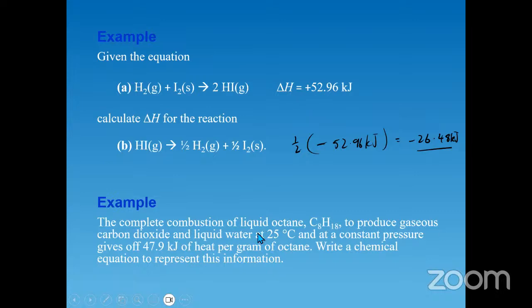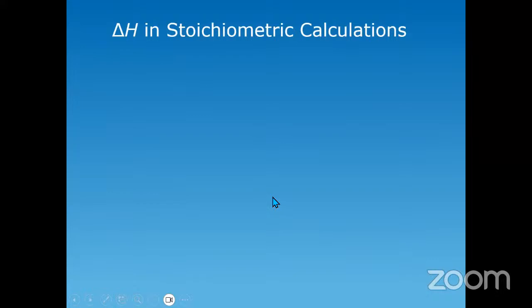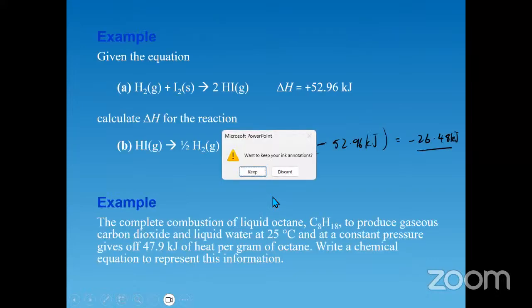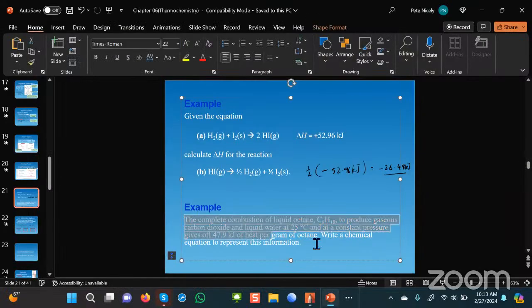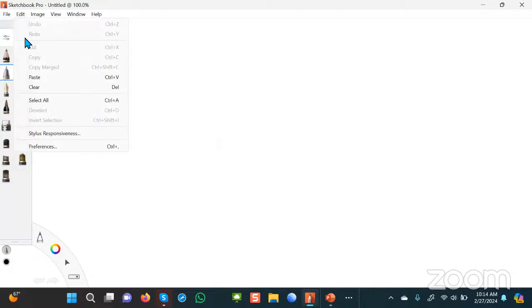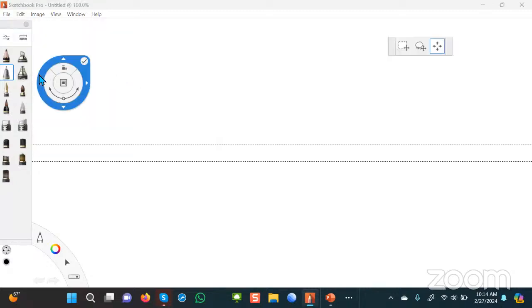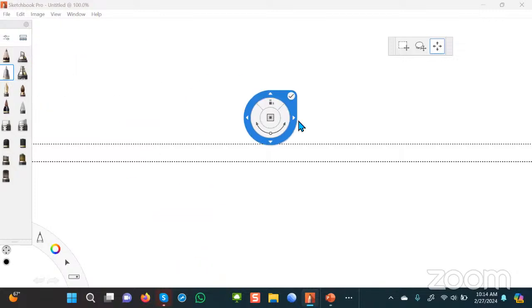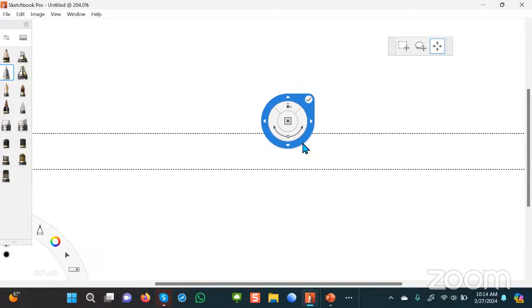Now, since I'm going to need a space, I am going to copy this here and paste it onto this here. Let's see if this works. I think it's going to work. No, it's not going to work. Or maybe I'm just doing something wrong.